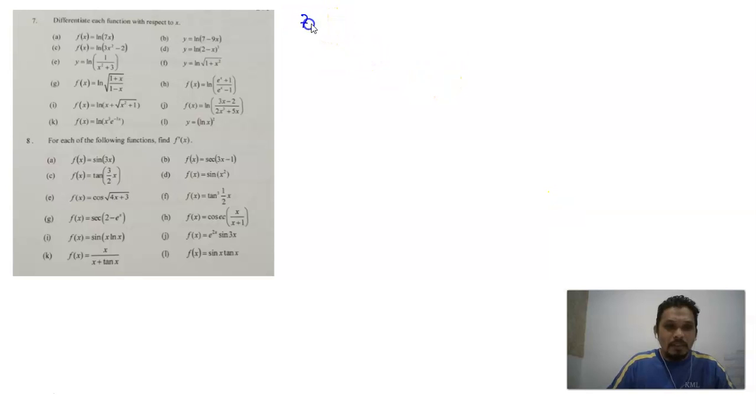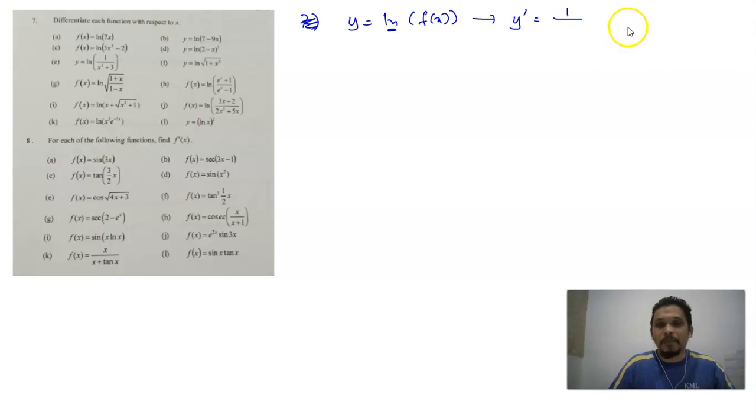Before that, for y equals natural log of f(x), then y prime equals the derivative of ln, which automatically gives you 1 over f(x), then multiply with the derivative of f(x), which is f prime x. I think that 3 examples are more than enough for 7.